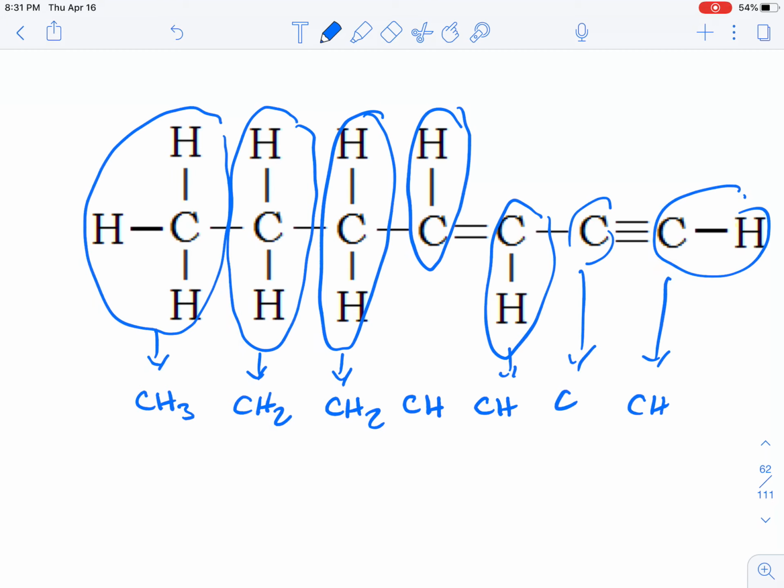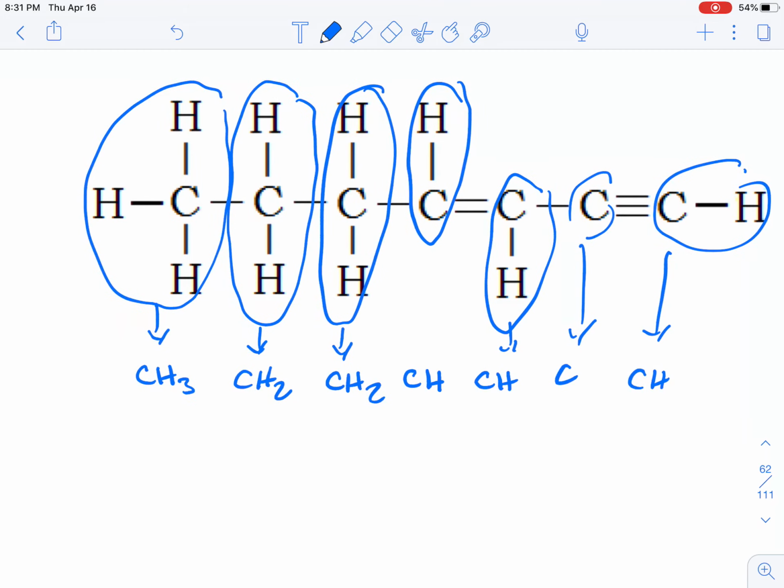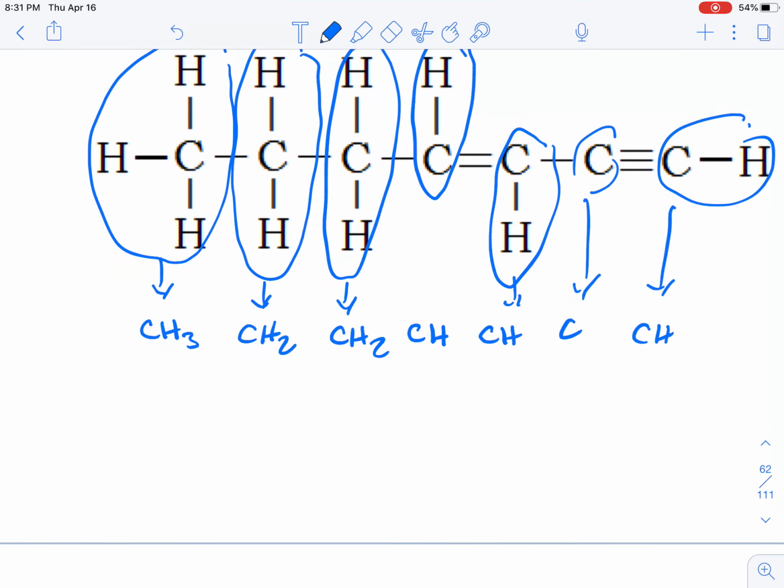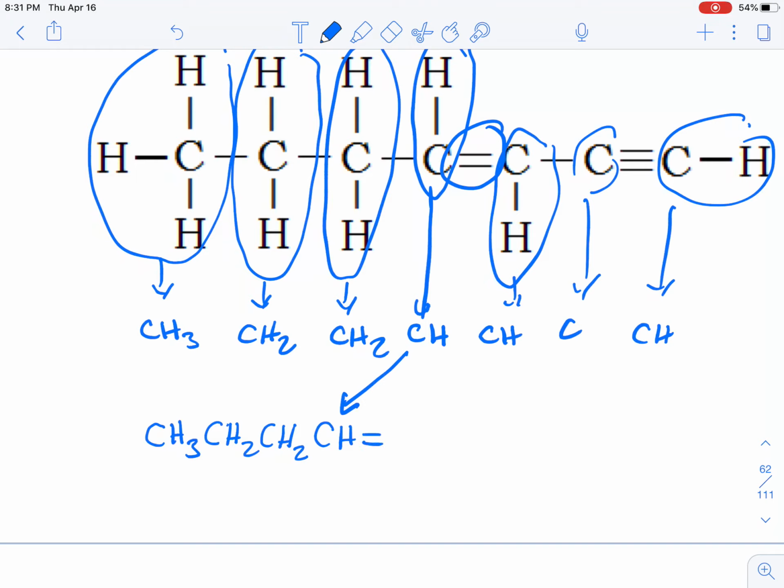When we're writing this as a condensed structure, we're going to get rid of our single bonds, but we're going to keep our double bonds and triple bonds. So here we have CH3, CH2, CH2, CH. Notice that this CH is going to share a double bond with the other CH, so I need to communicate to the reader that's where the double bond is located.